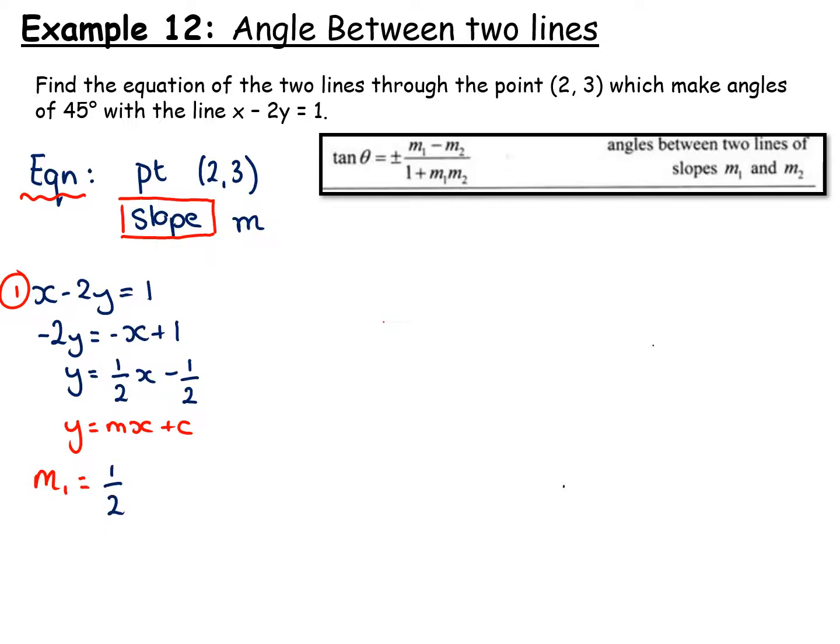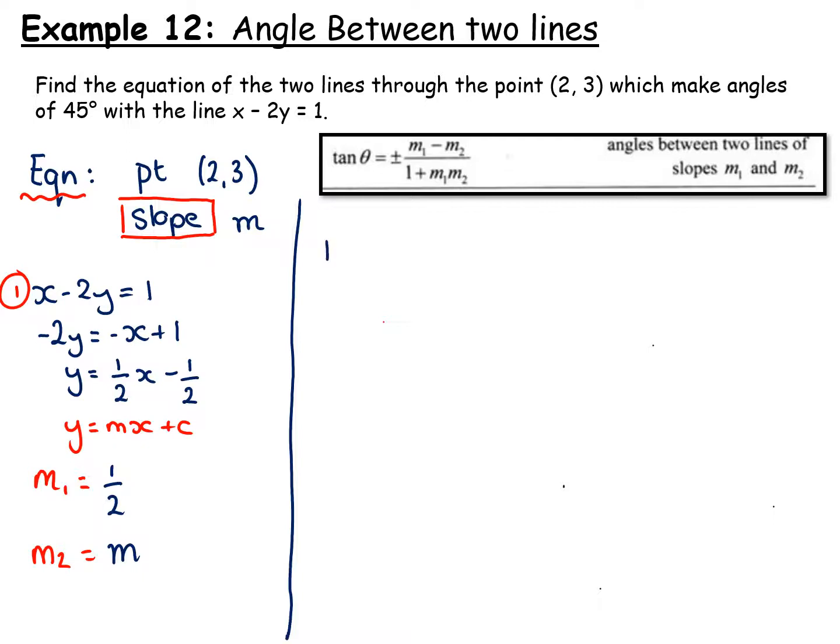We don't know m2, so we're just going to let m2 equal just m. Sometimes students leave it as m2, and that's fine, but the subscripts can get a little bit hard to work with. You could call it anything you want, but m obviously makes the most sense.